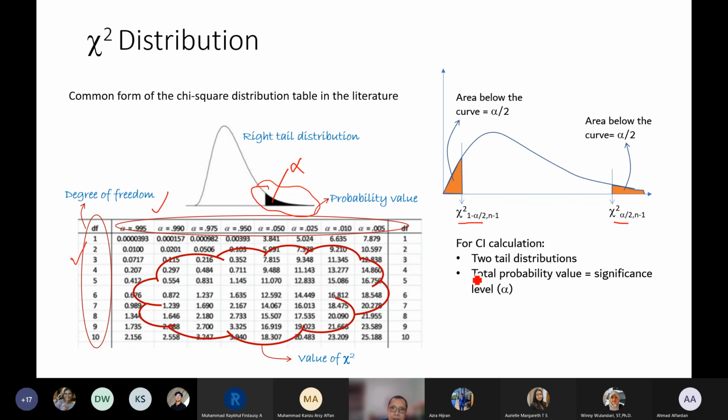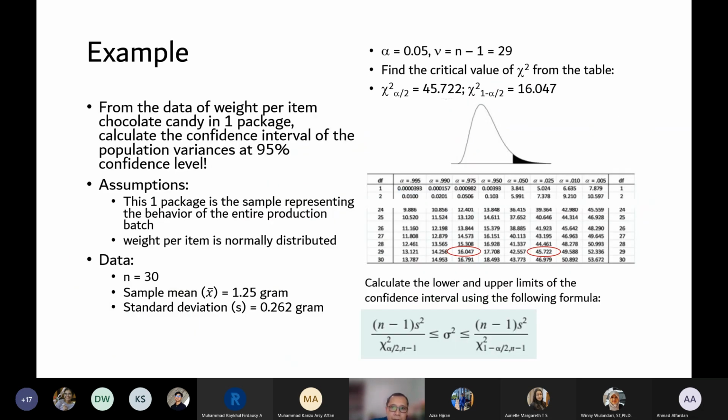So in general, let me repeat, confidence interval calculation requires two boundaries, lower bound and upper bound. That means you need to find two values of chi-square. Let's discuss this based on an example.